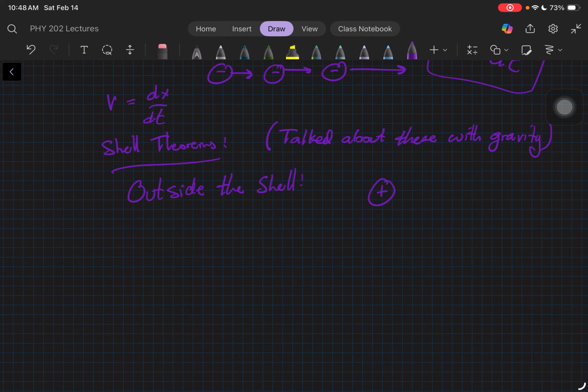And so if I have, let's say, some shell of, we'll say it has a bunch of negative charge distributed across it. Right, so uniformly distributed negative charge.